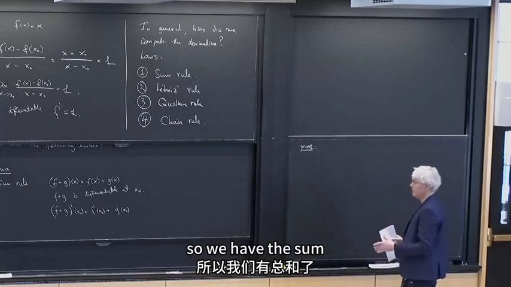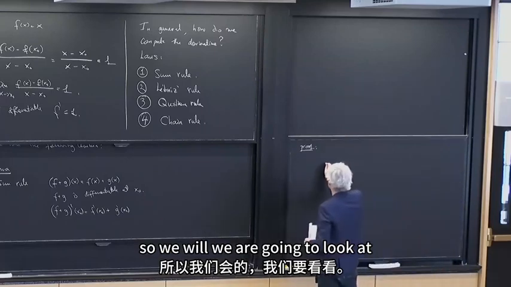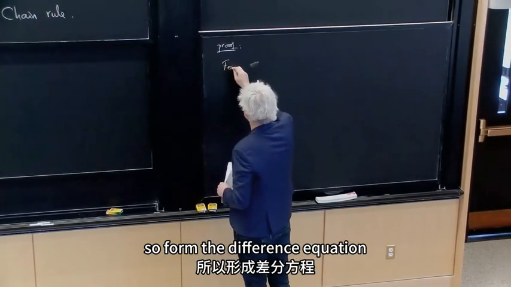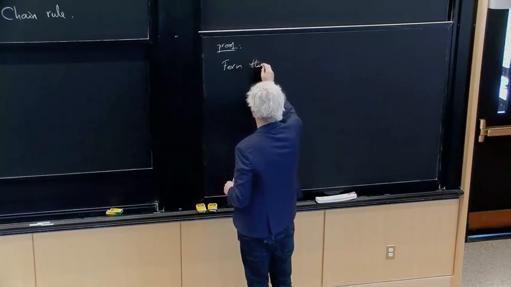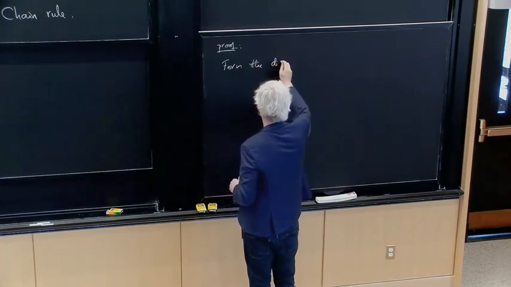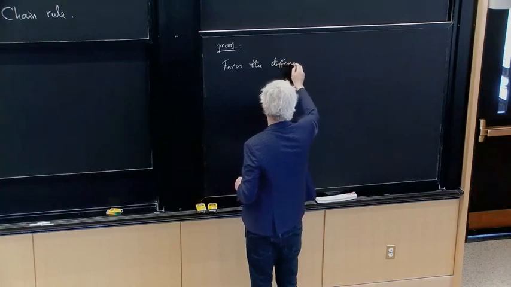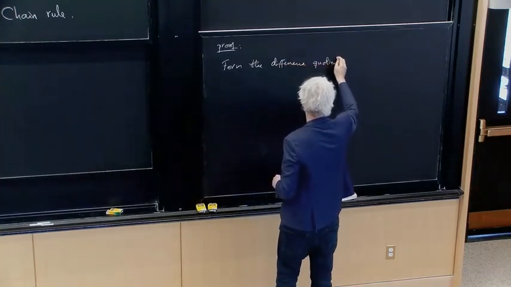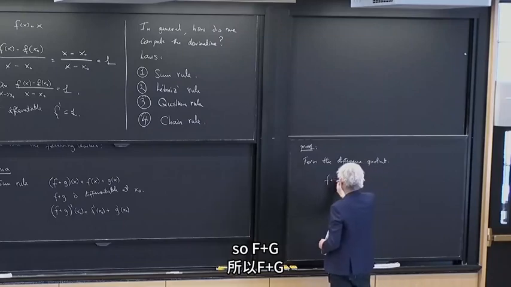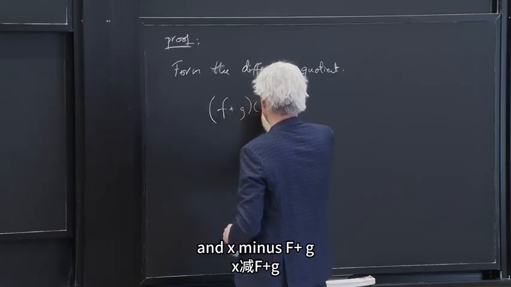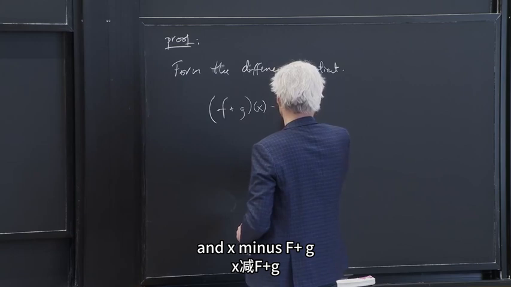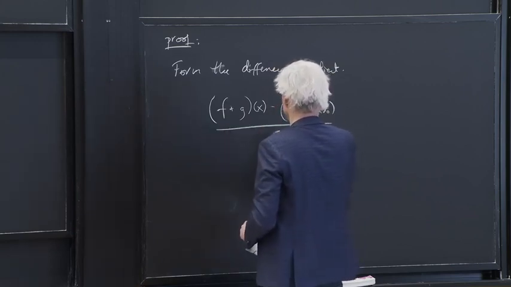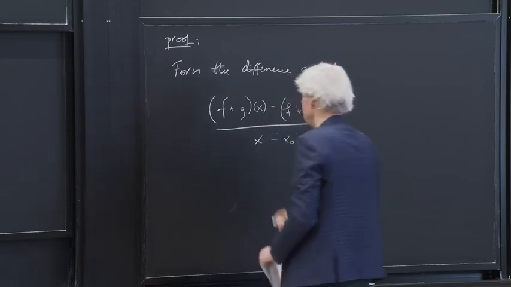We have the sum, so we form the difference quotient: f plus g at x minus f plus g at x0, divided by x minus x0.